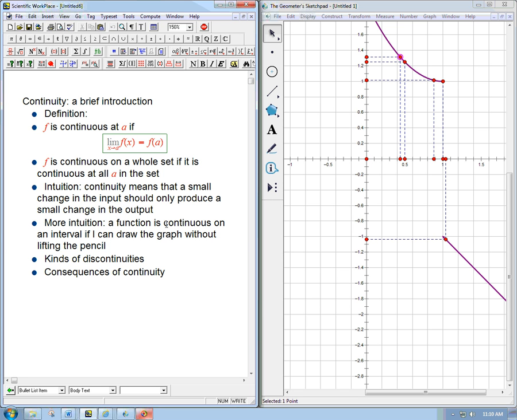This is pretty rough, and there are some cases of really weird functions where you'd be confused about whether you can really do this. But mostly, this covers most cases, and that's how you tell at a glance if something is continuous.